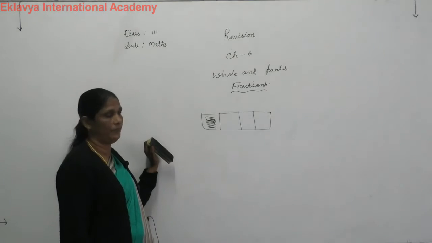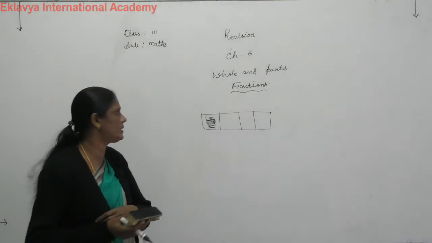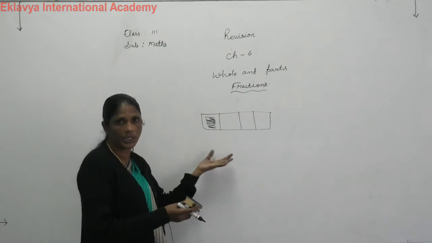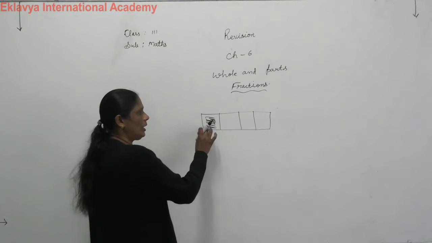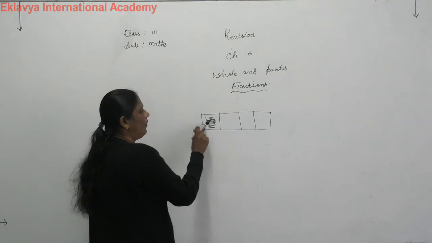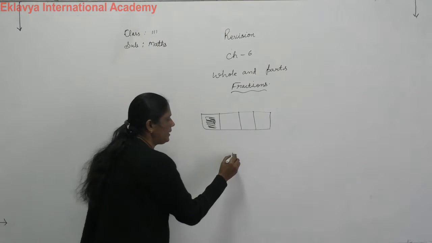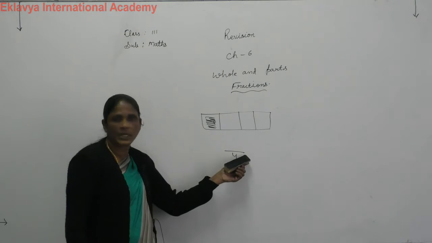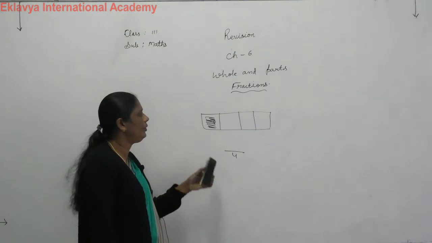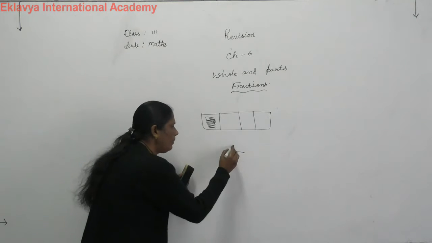In our question, what is the fraction of the shaded part? First you count the total number of parts: 1, 2, 3, 4. That goes below the line. Then you write the shaded part. How many parts do you shade? One part.